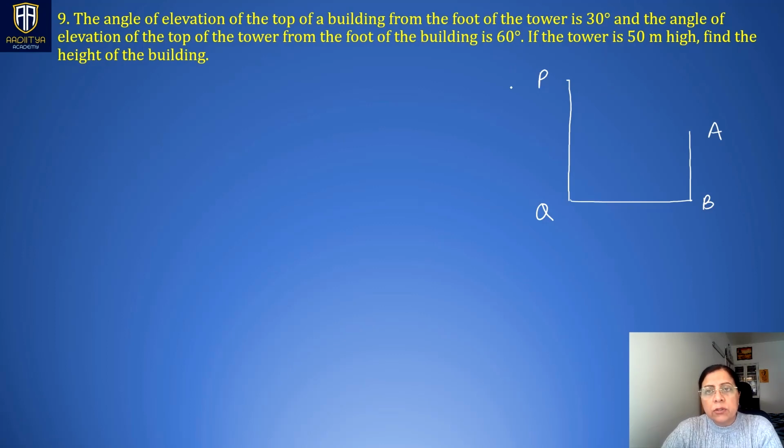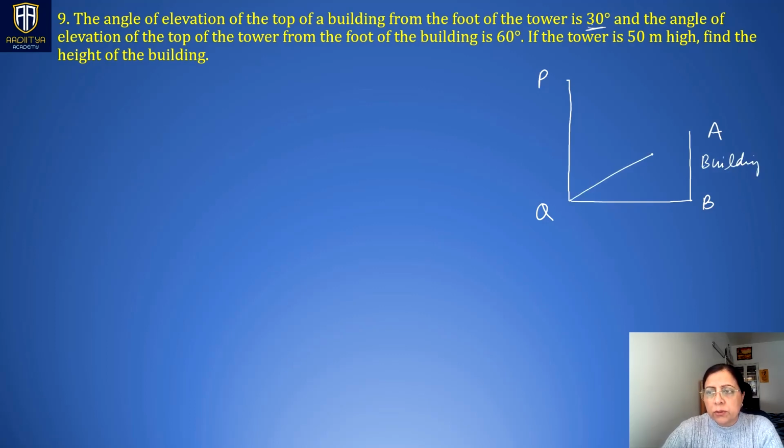The angle of elevation of the top of the tower from the foot of the building is 60 degrees. On the other hand, the angle of elevation of the top of building from the foot of the tower is 30. That means the building is lower in height because the angle of elevation is less. So this we have to treat as building.